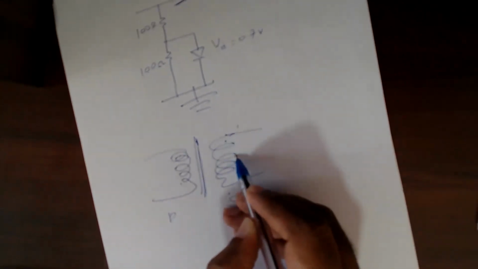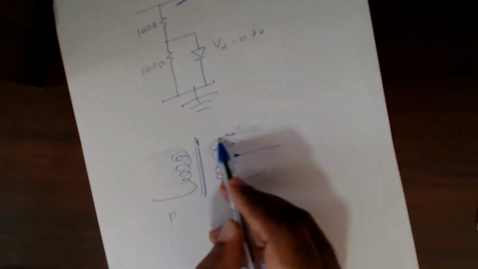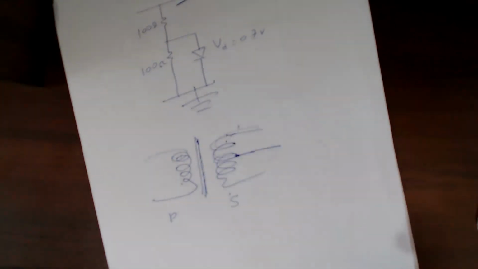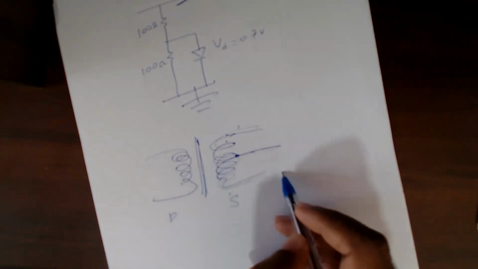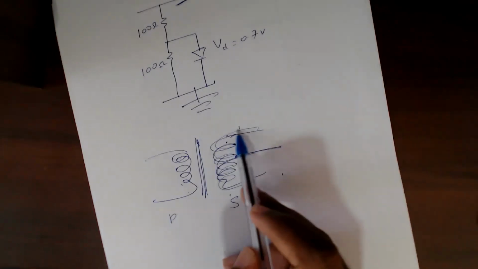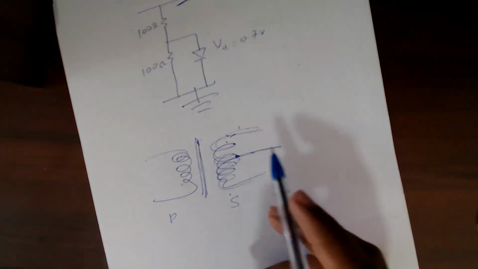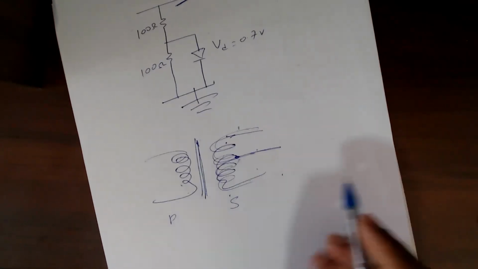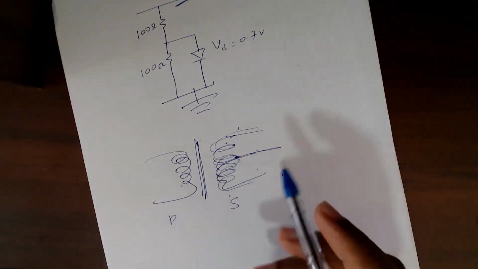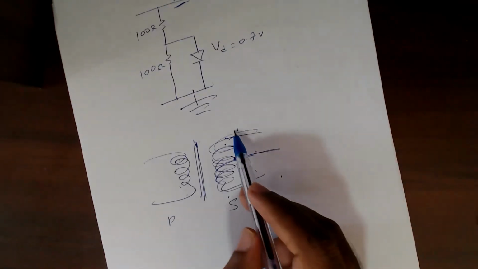So what's happening in the center tap is somewhere in the middle of this coil, you tap it and get another wire out. So this half works as one transformer and this half works as another transformer. But if you look carefully, this one has one way of winding, and with respect to this, this has the other way of winding, right? So you can think of it like this.